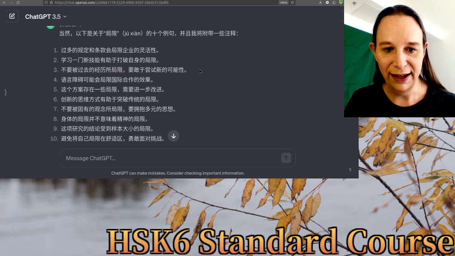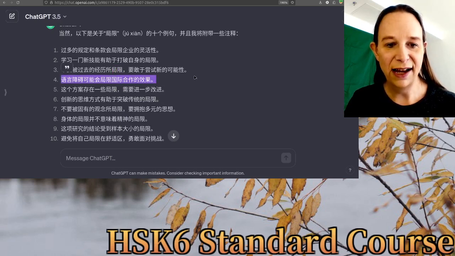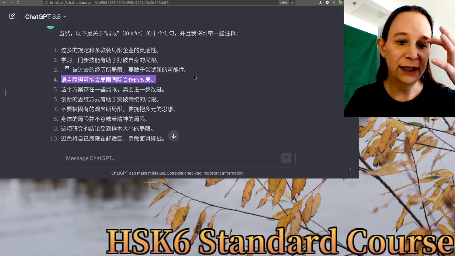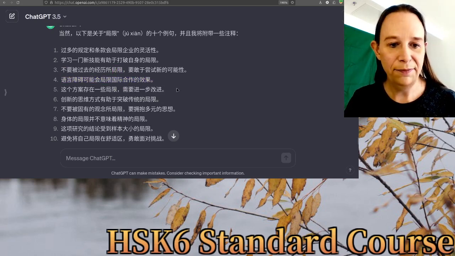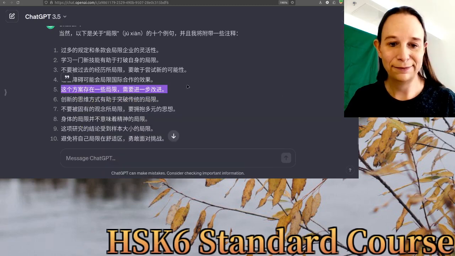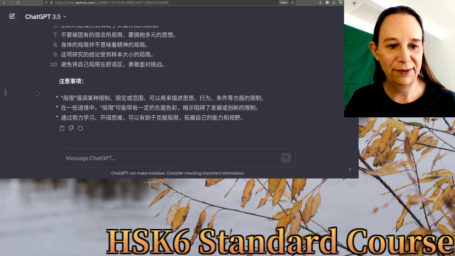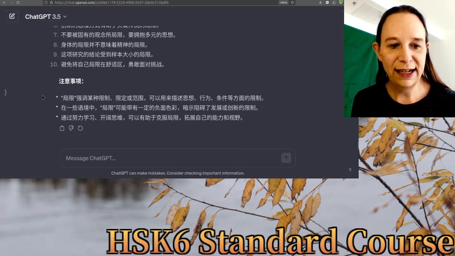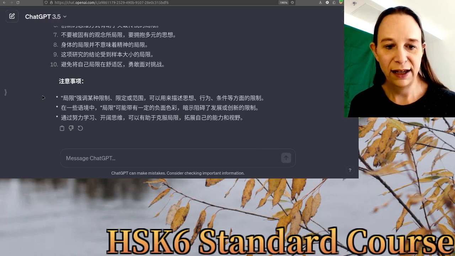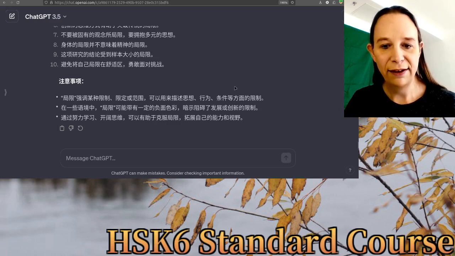要敢于尝试新的可能性. 语言障碍可能会局限国际合作的效果. 这个方案存在一些局限. This is a noun. This is definitely a noun. 存在一些局限. 需要进一步改进. Alright, and what does it say I should note? 局限强调某种限制、限定或范围，可以用来描述思想、行为条件等方面的限制.